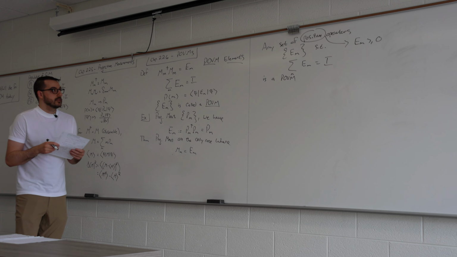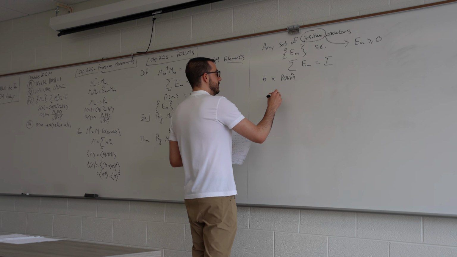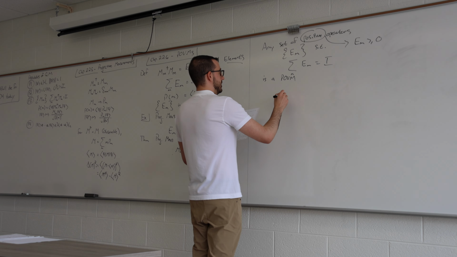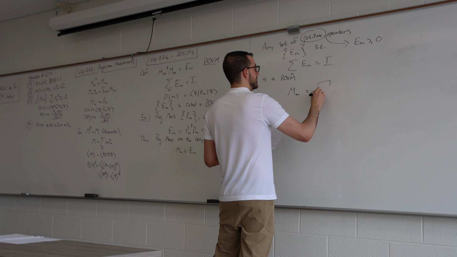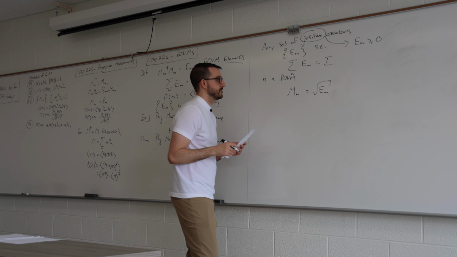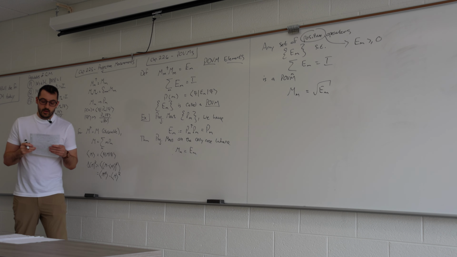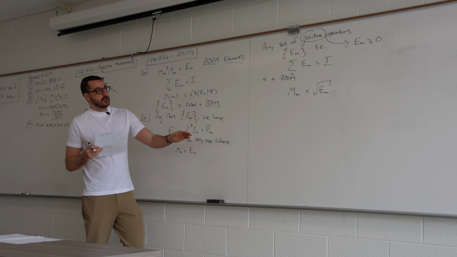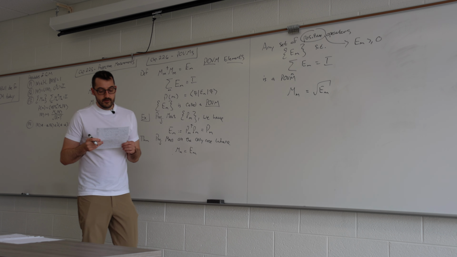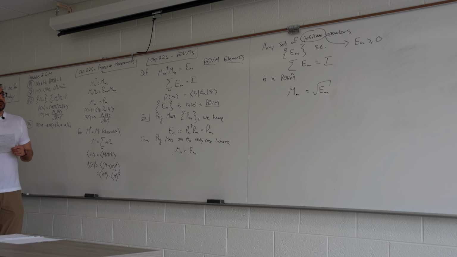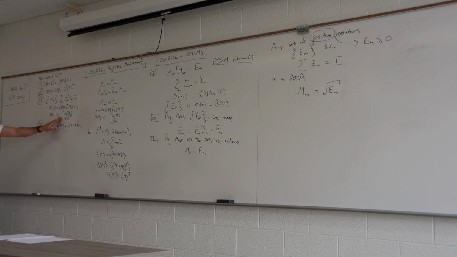In this case, we can recover the measurement operator itself as the square root of E sub m. The operator is positive, so I'm allowed to take its square root. That's well defined. And therefore, we can use the square root of the POVM element E sub m in our update rule.